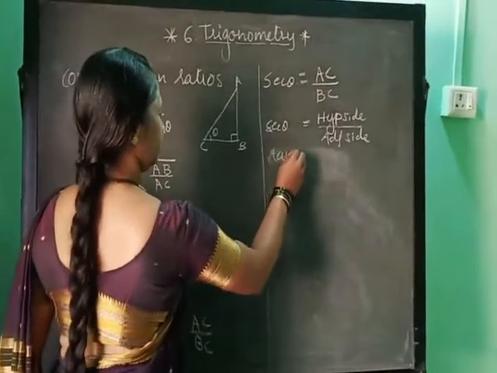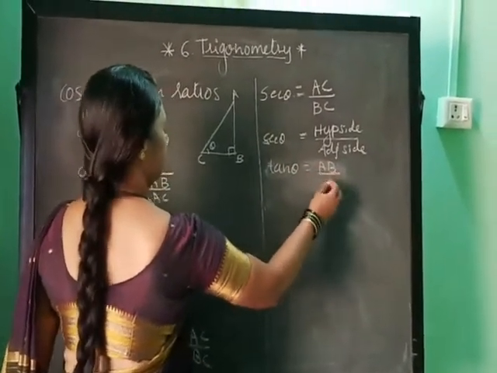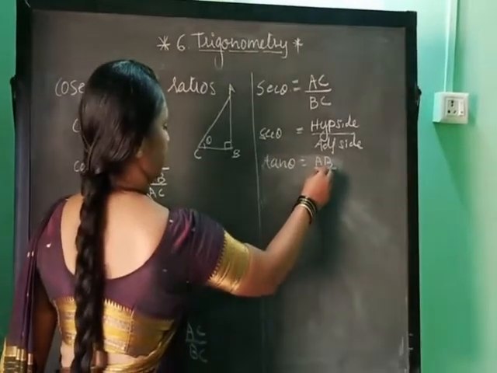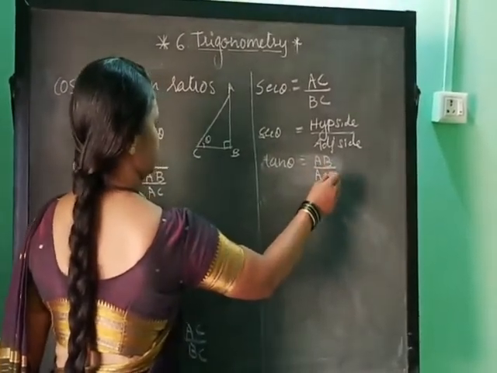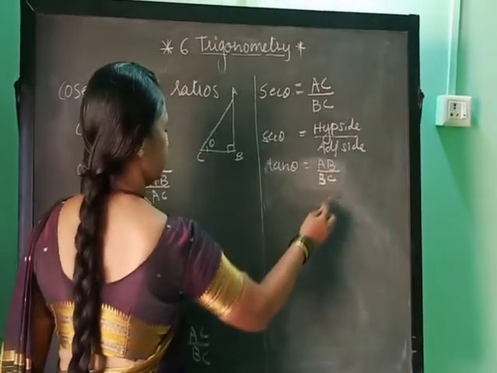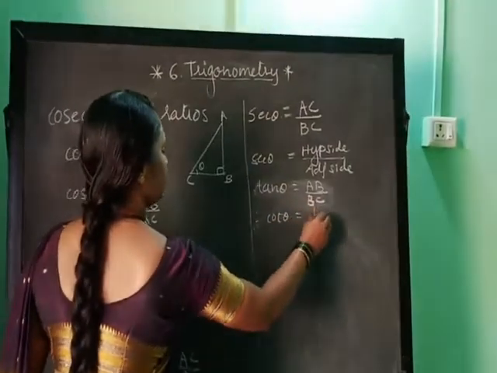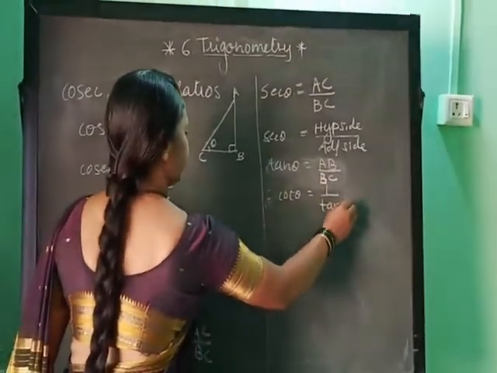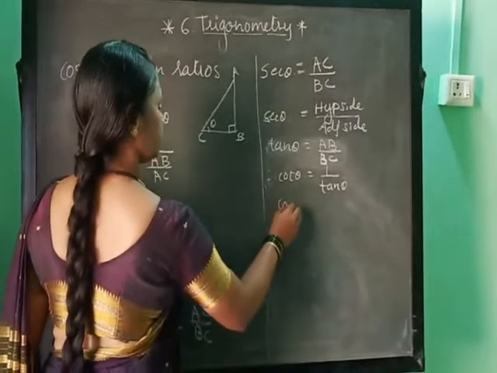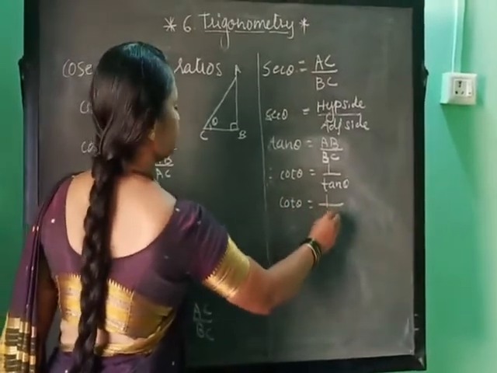Now we have to see about tan theta. Tan theta is equal to opposite side upon adjacent side. Opposite side upon adjacent side, AB upon BC. Okay. Now therefore cot theta is equal to 1 upon tan theta. Now tan theta means what?